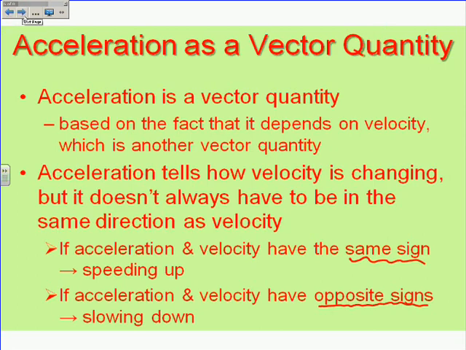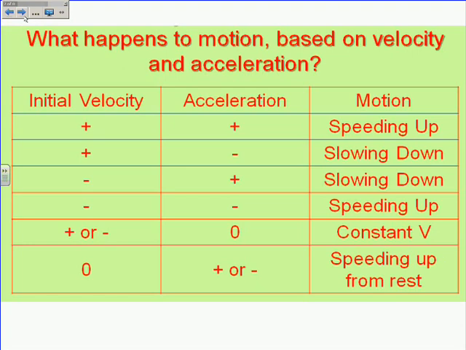Just to summarize how the positives and negatives on acceleration and velocity go, I have this chart to help you. Telling you if you have a certain initial velocity, and this is just sign. Remember, the sign on velocity is just telling us direction. And then the sign on acceleration determines what physically is going to happen to that object. If we have positive and positive velocity and acceleration, we get a speeding up effect.